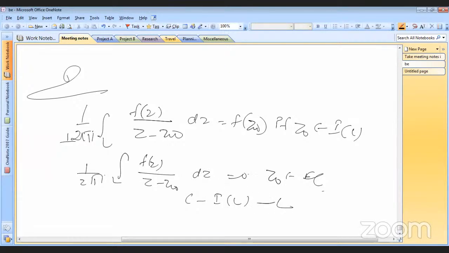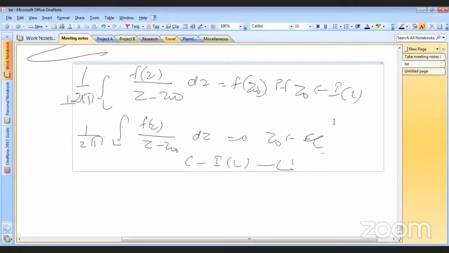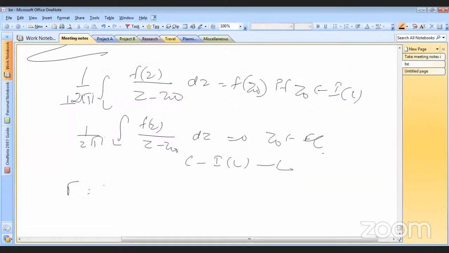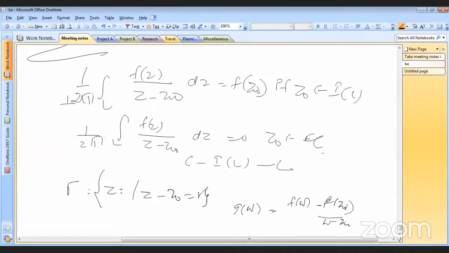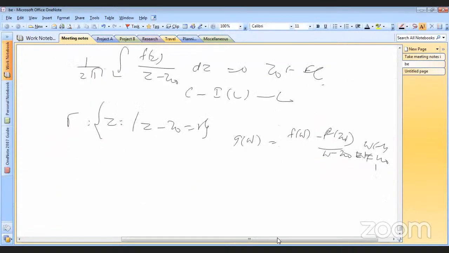You have to derive it. I am writing it again. Take the circle mod z minus z naught equal to r contained in the interior of G. Define g of w equal to f of w minus f of z naught by w minus z naught, for w not equal to z naught, and g of z naught equal to f dash of z naught.